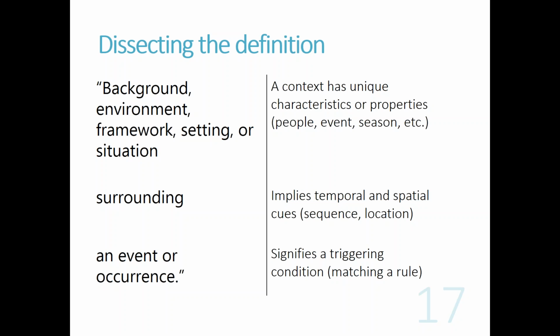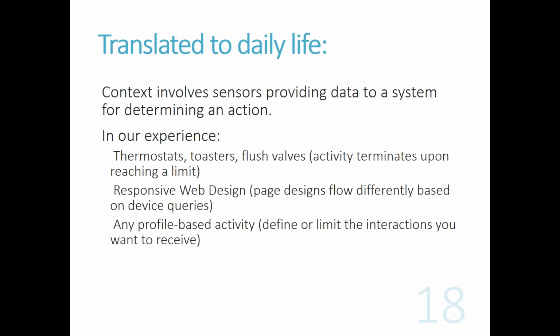And more about that, when we look at it in daily life, context involves sensors that provide data to a system. We're surrounded by data and we interact with systems all the time. So an example of such a system would be the thermostat that you have in your house. You set it for a certain temperature. When the temperature drops below it, the heater comes on.